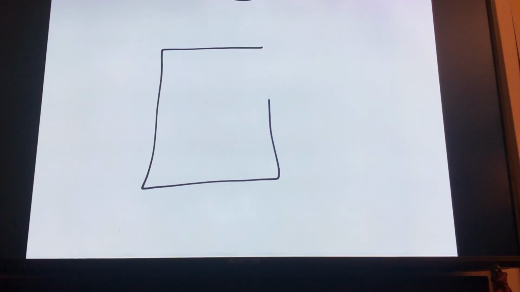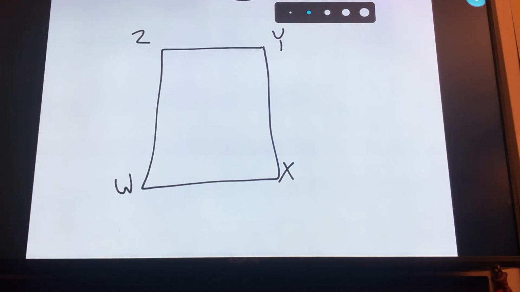A rectangle, and we have W, X, Y, and Z. It tells us that side WX equals what? Well, it says WX equals 7, so let's find where WX is.